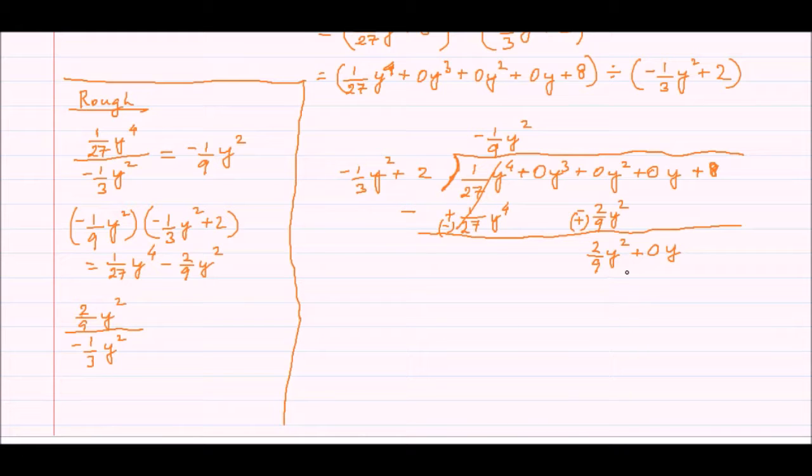So we have taken the first term of the dividend and the first term of the divisor, and we are performing the division. Both are monomials. So these two will get cancelled, and 2 by 9 divided by minus 1 by 3. So again we will be having a negative result, and it will be equal to minus 2 by 3, which will be written as the next term of the quotient over here at the top.